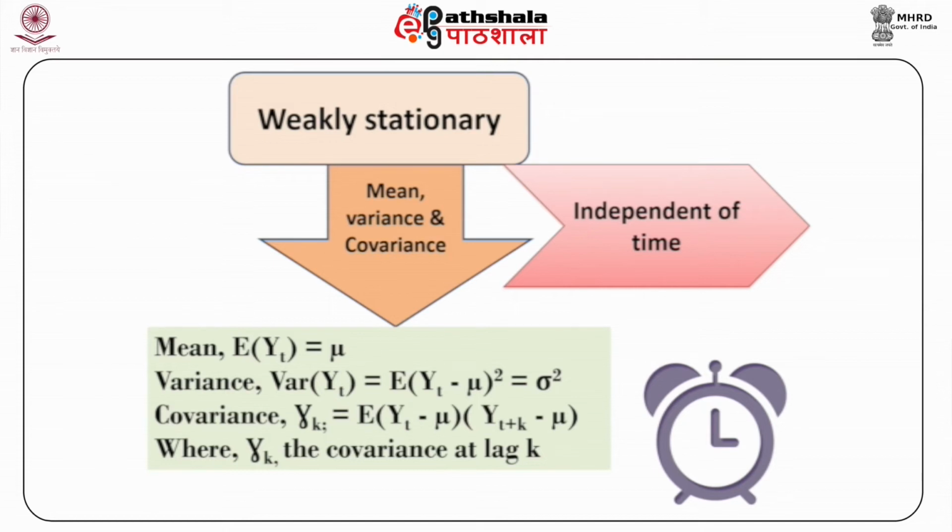Covariance gamma k can be written as expectation of yt minus mu times yt plus k minus mu, where gamma k is the covariance at lag k, that is the covariance between the values of yt and yt plus k, that is between two y values k periods apart.